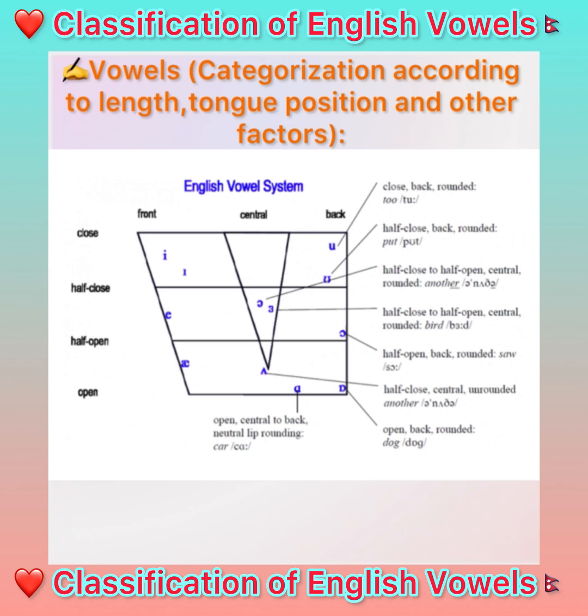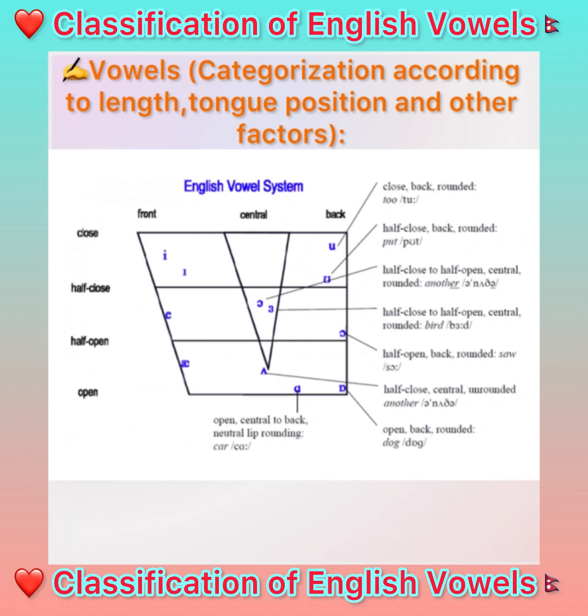Now we have the English vowel system, or how English vowel sounds are produced. This picture shows how they are produced, how all types of vowels are produced according to length, tongue position and other factors.